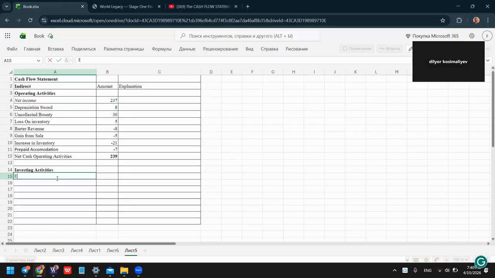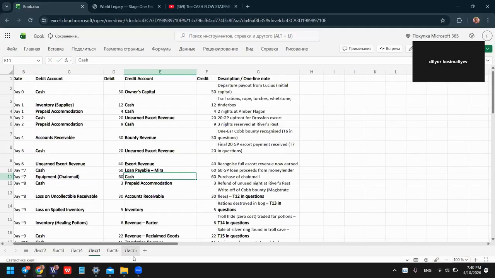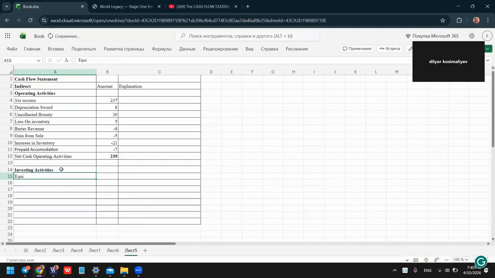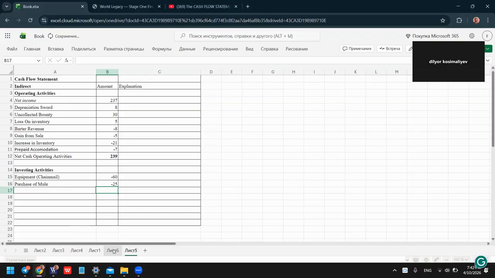So we record this equipment. Is it equipment? Yeah, yeah. If I'm not mistaken, the value is minus 25.